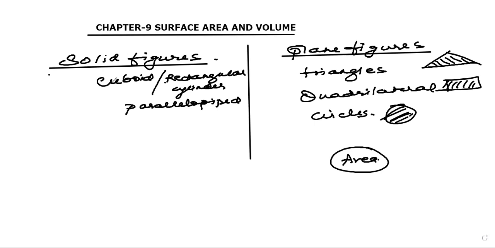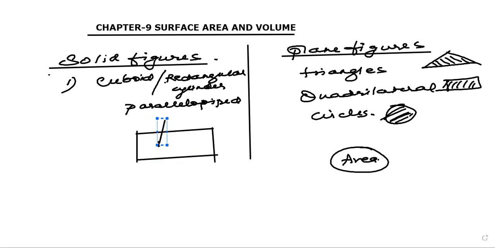The first of the solid figures you're going to learn is a cuboid, children. What is a cuboid called? Remember, children, any solid figure which is bounded by six rectangular surfaces, we are going to call it a cuboid. Like the room where we sit is bounded by six rectangular surfaces.